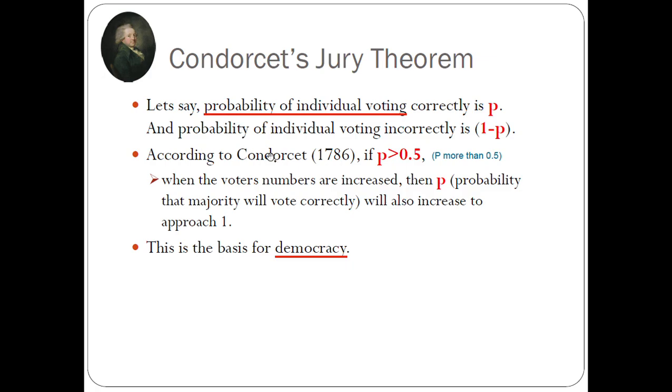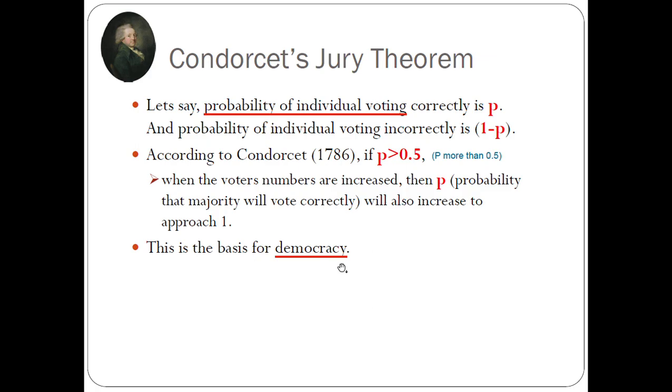Okay, and probability of individual voting incorrectly is 1 negative P. Okay, so according to Condorcet 1786, if P is more than 0.5, okay, when the voter number are increased, then P or probability that majority will vote correctly will also increase to approach 1. Okay, this is the basis for democracy.